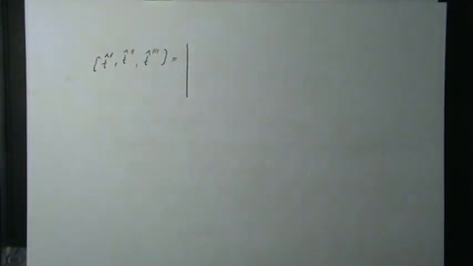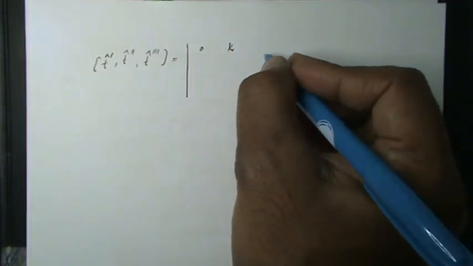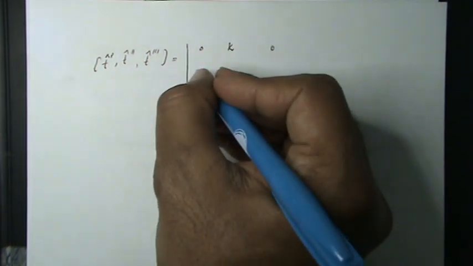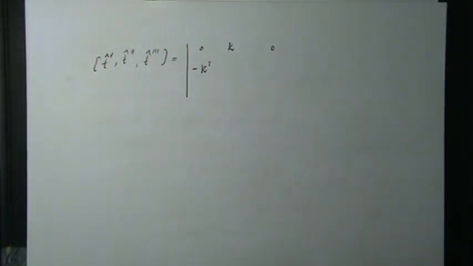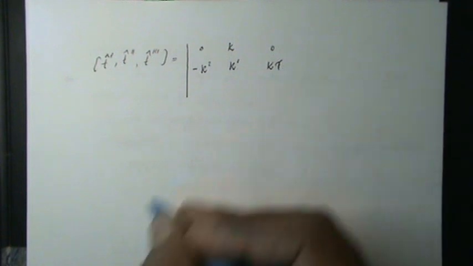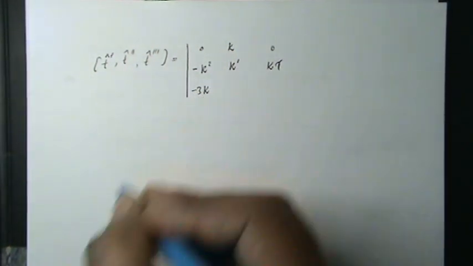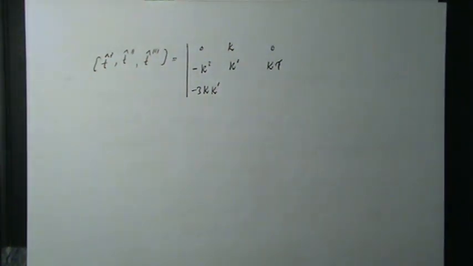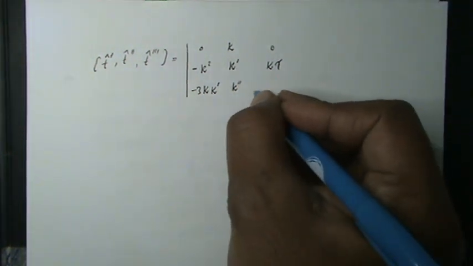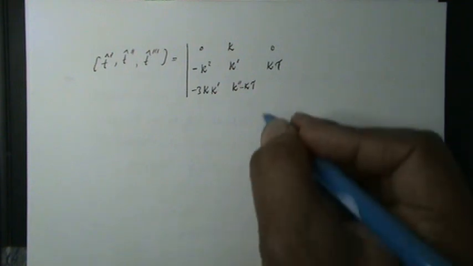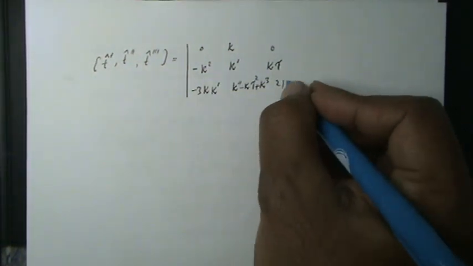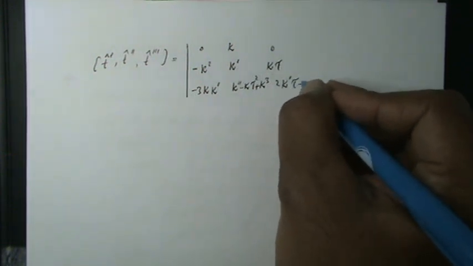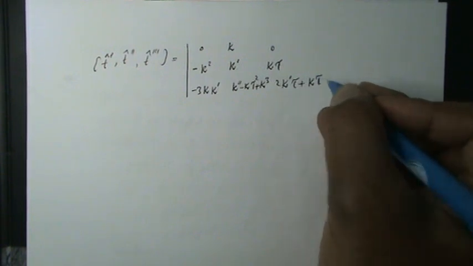This is equal to the determinant with rows: 0, kappa, 0; minus kappa square, kappa derivative, kappa tau; minus 3 kappa kappa dash plus kappa double dash, minus kappa tau square plus kappa raised power 3, and the next term 2 kappa dash tau plus kappa tau dash.